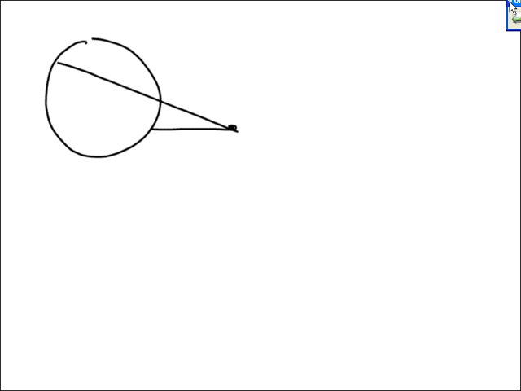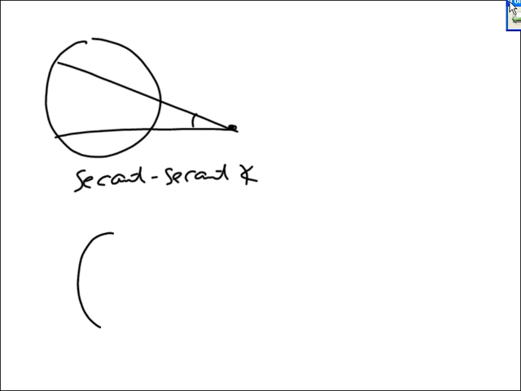Okay. Now, all the angles we've drawn so far were interior. Let's draw exterior angles. You have a point outside, and you design an angle that way. This is called a secant to secant angle. You have a point outside the circle, you go tangent, and you go secant.